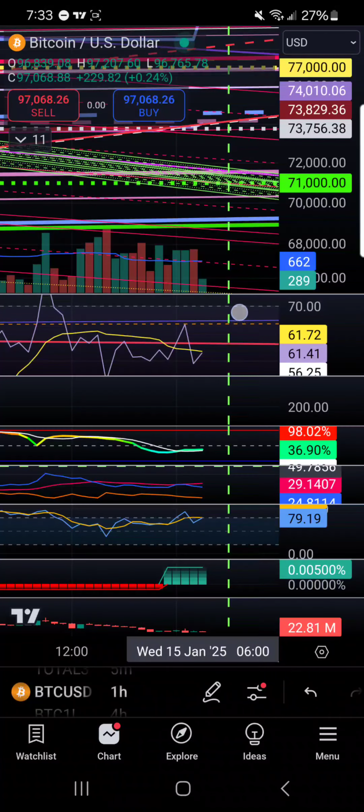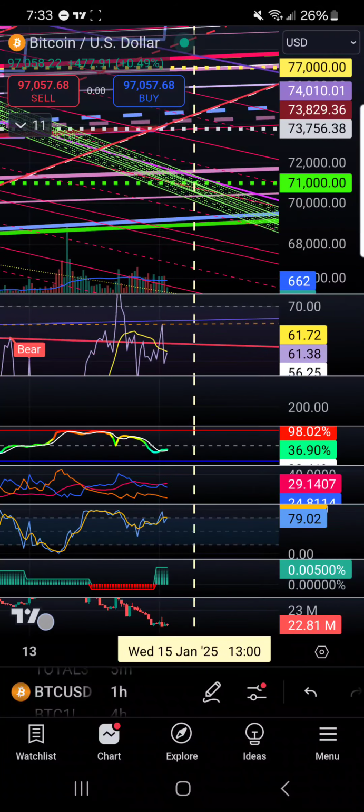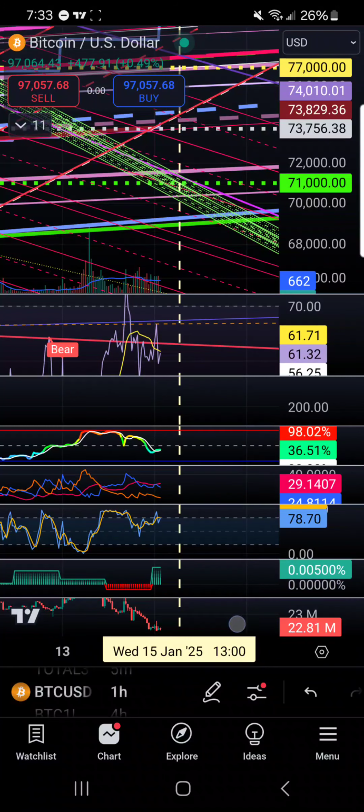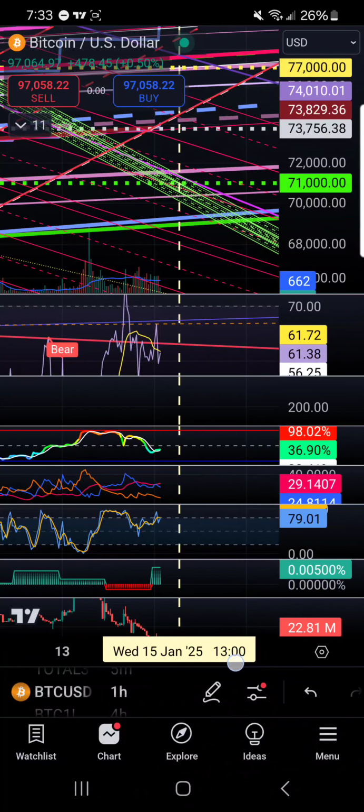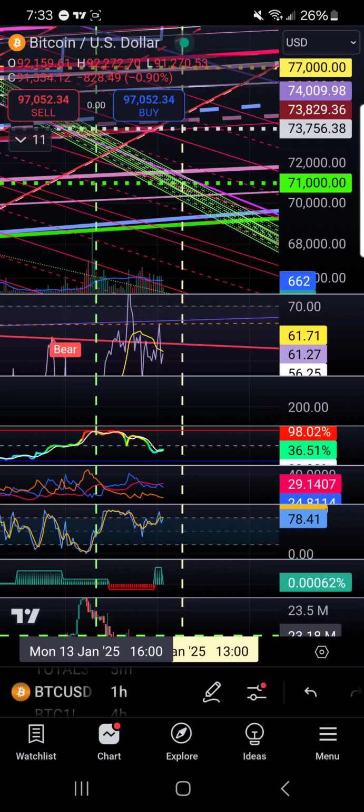It's not even very... why doesn't this thing move? It's really weird. So yeah, it's fluctuating up and down. It's just barely positive. And the open interest here is declining significantly from Monday at 1600.